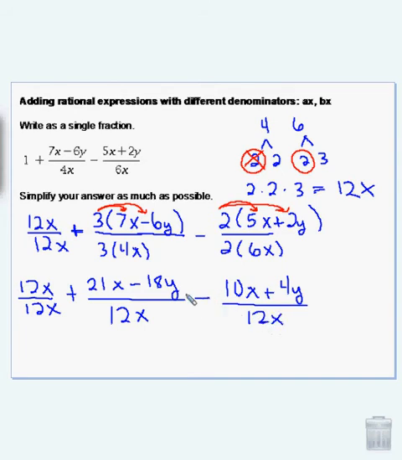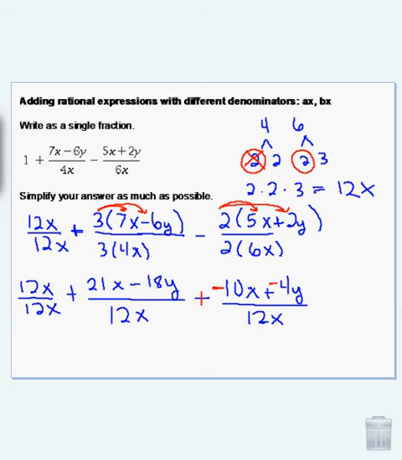Now I want to address this negative. When we have a negative here, what we really need to do is change our signs: change this to addition and change our positive 10x to a negative 10x and our positive 4y to a negative 4y.